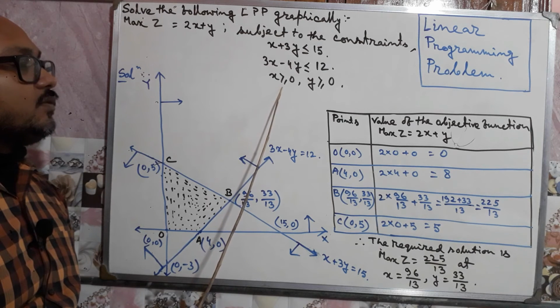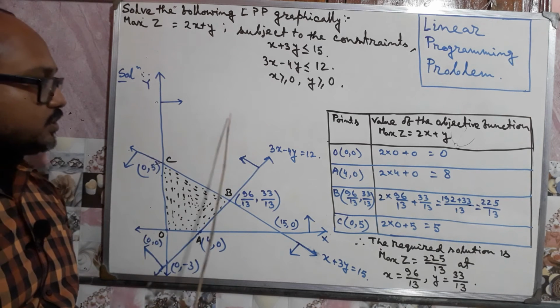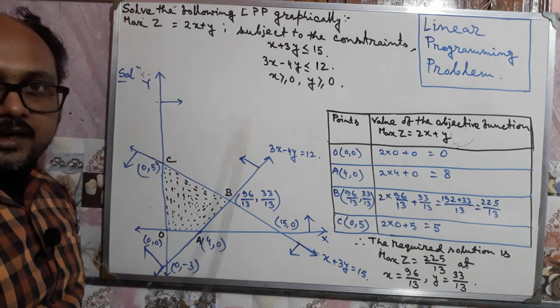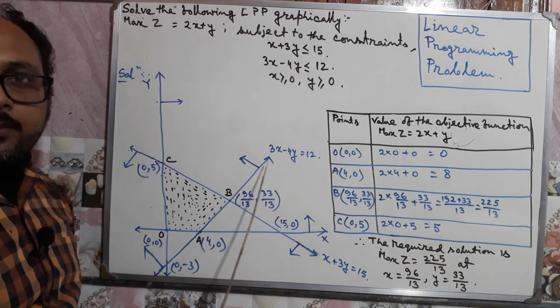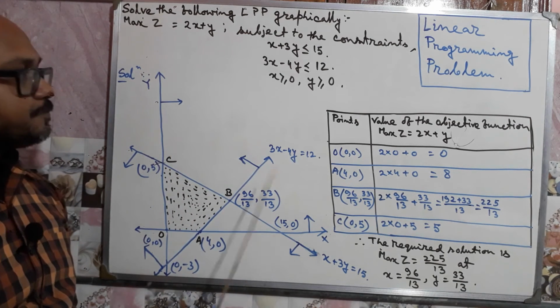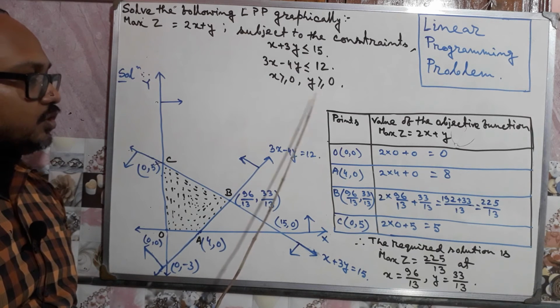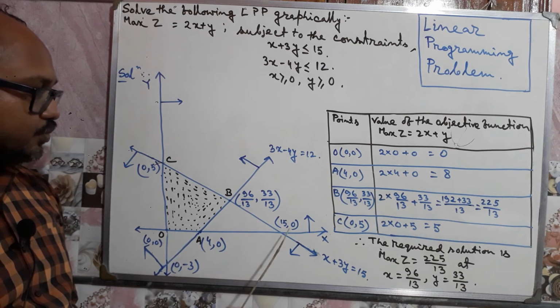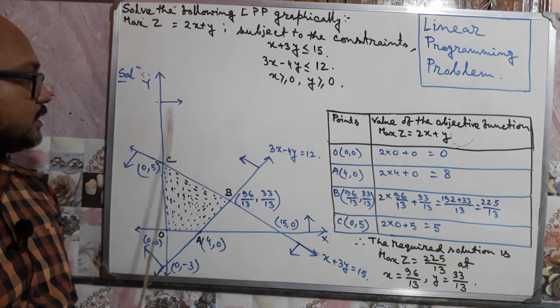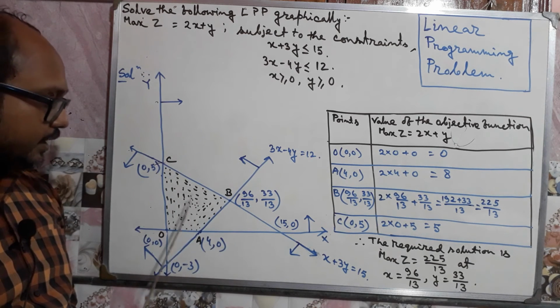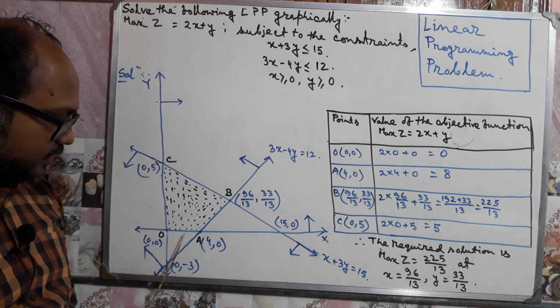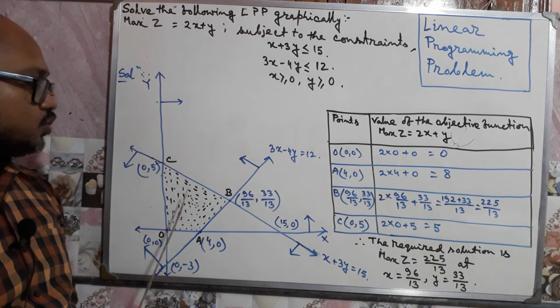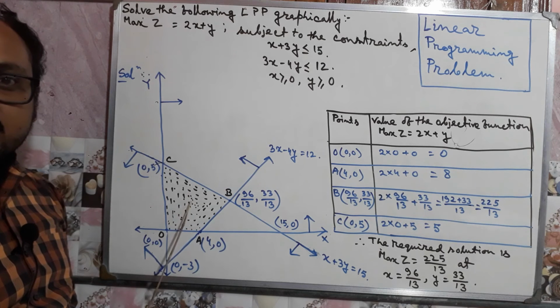Now x greater than or equal to 0 means the portion on the right hand side of the y axis, and y greater than or equal to 0 means the upper part of the x axis. Now you see all these are included in this bounded region. Okay, so this is the solution region.